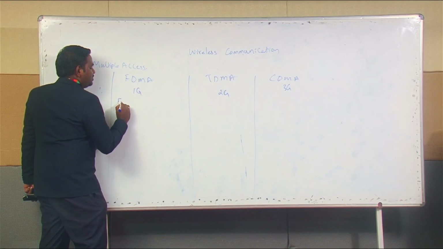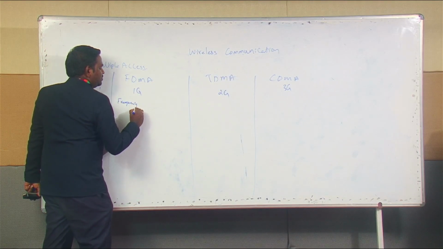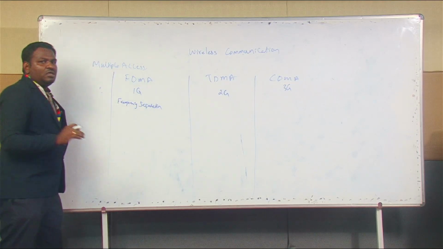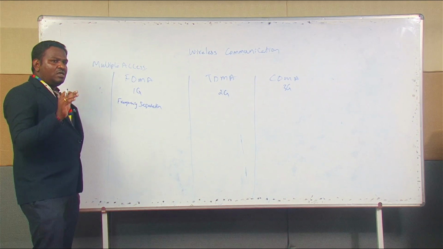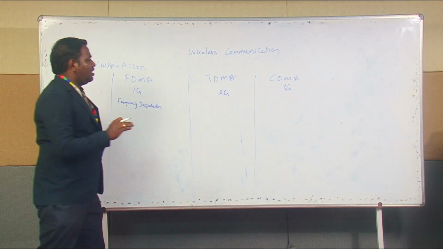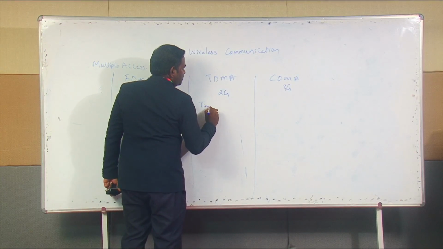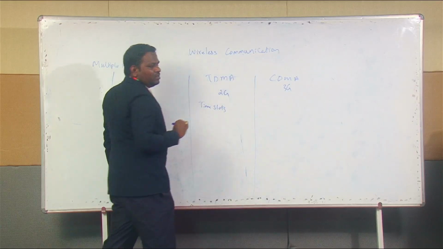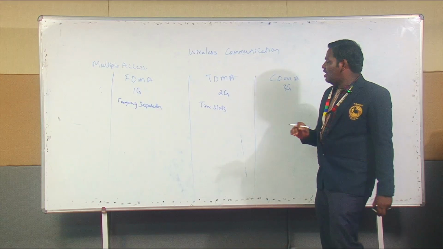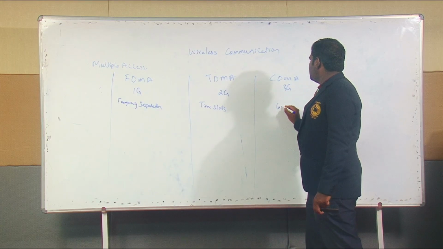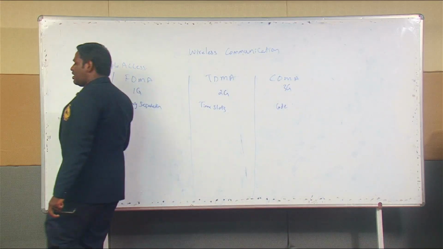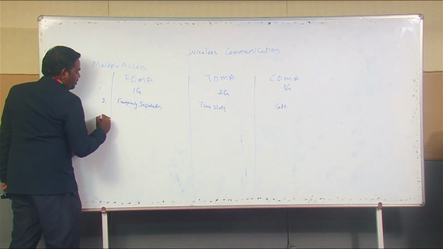In TDMA, a user can use the total allocated bandwidth in particular time slots. In CDMA, the user can use the entire bandwidth and entire time duration, but they need to use a particular code. So these are the techniques of the 3 different types of multiple access.